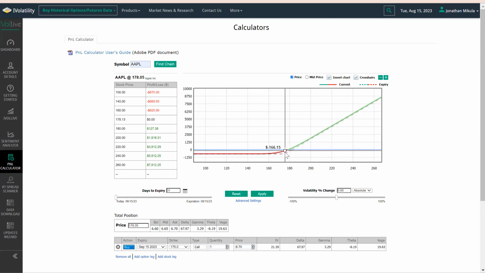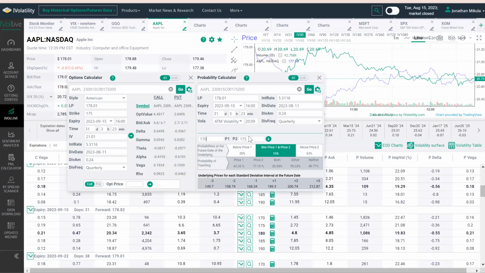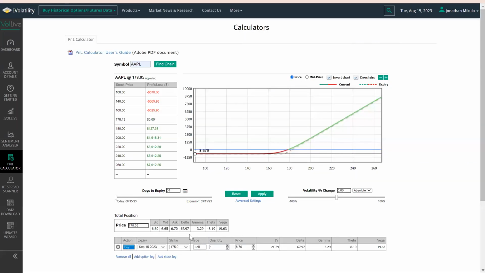So in our analysis, we need to ask, what's the likelihood that Apple will be above 182 at this expiration date? Let's come here to our handy probability calculator and type in 182. Now we can see there's only a 37% chance Apple will be above 182. So really, it's not a great trade, because if I spend all this money and Apple doesn't go to 182, I can lose this whole $6.70.